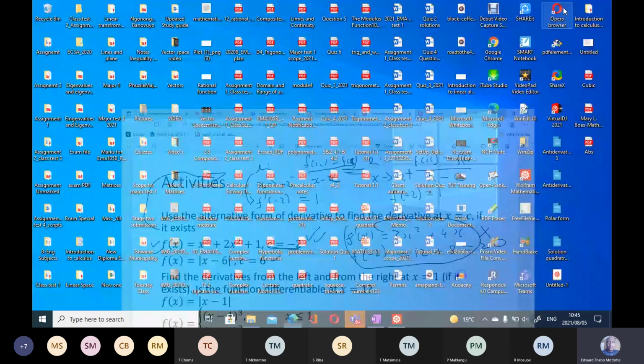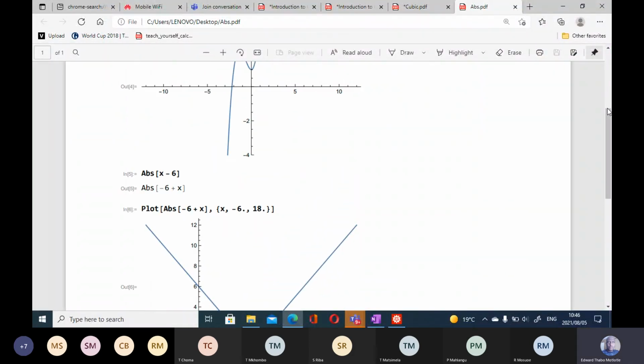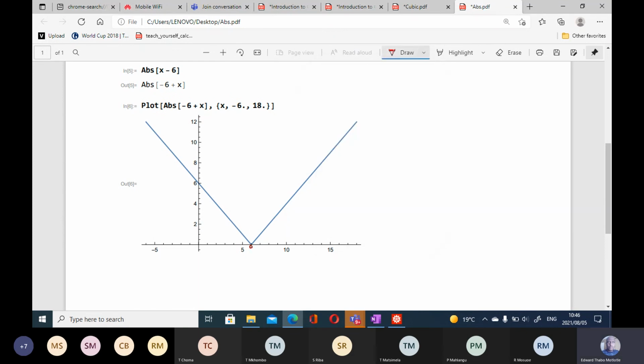So if you look at this one here, I wanted to explain that concept again. So in this case, you check the slope. This point here is 6 and 0, and this point here is 0 and 6.